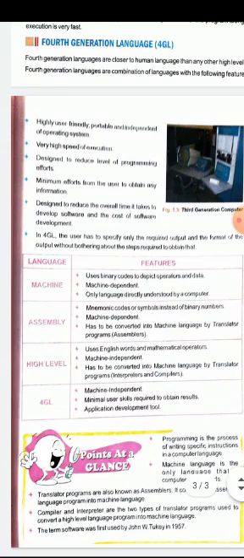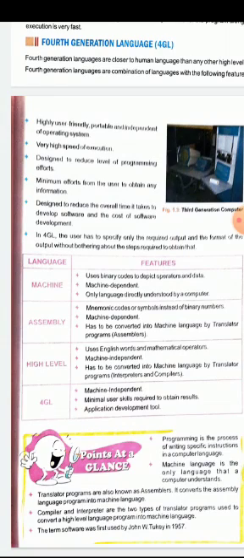Now, language features. First one is machine language. As all of you know, machine language uses binary codes that are 0 and 1. It is machine dependent. Only this machine language is understood by the computer. These are the main features of machine language.